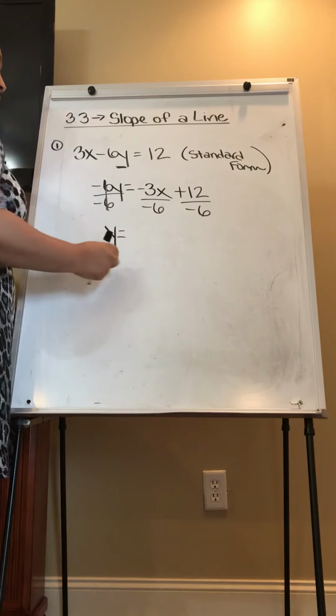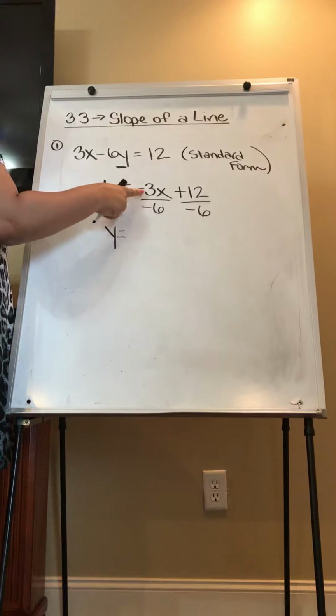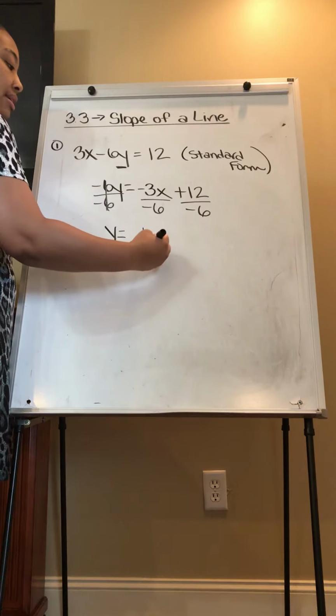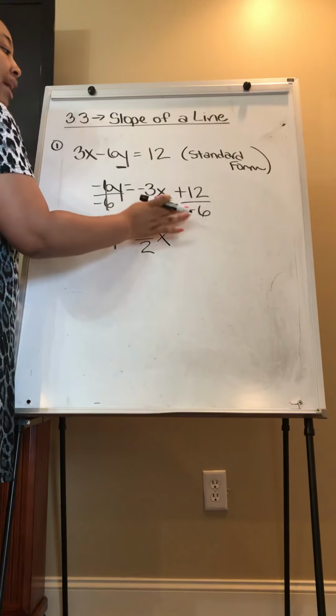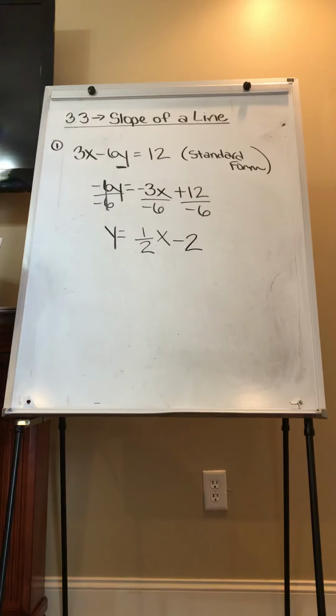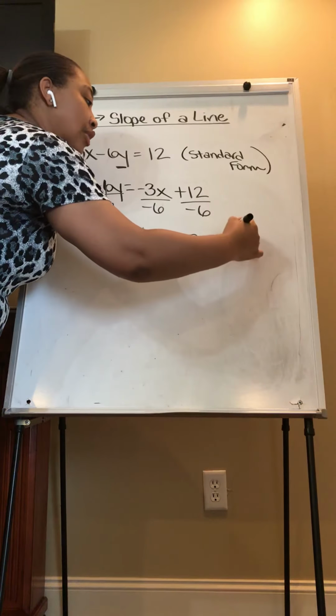And I have y equals, now 2 negatives make a positive, and 3 over 6 reduces to 1/2 x, and 12 divided by negative 6 is a negative 2. So this is the exact same equation, just in slope-intercept form.